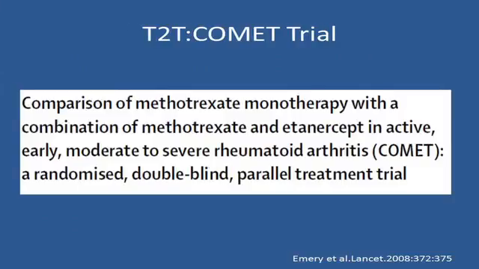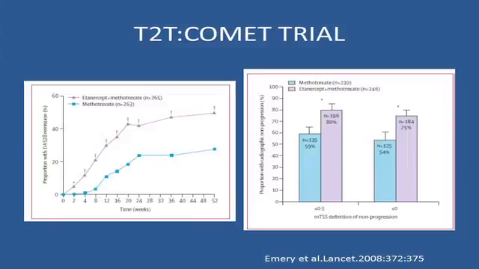This was the COMET trial. Paul Emery was the first author, looking at methotrexate monotherapy versus combination from the get-go with etanercept and methotrexate in early moderate to severe rheumatoid arthritis. And just to summarize, since we have a short time for this talk today, 20 minutes or so, clearly with combination therapy with etanercept plus methotrexate, 50% of patients at the end of 52 weeks were in remission compared to 28% on methotrexate monotherapy.